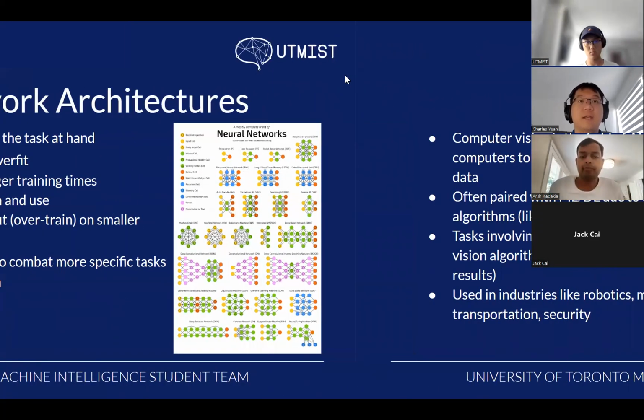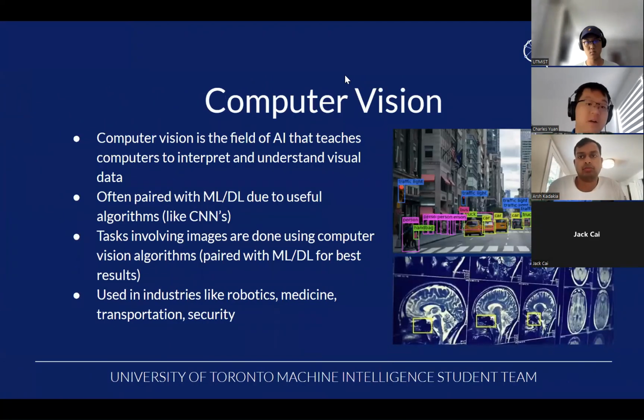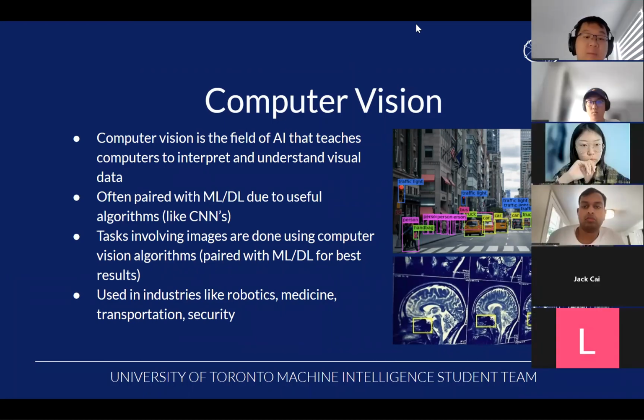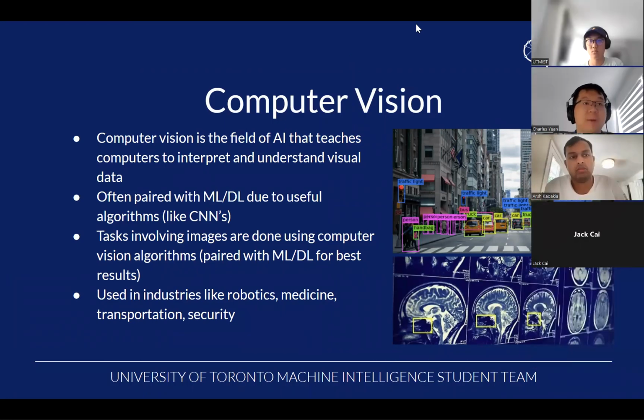So neural networks and machine learning are fun and all, but by themselves, they don't really seem like the society-changing paradigms that most people make them out to be. Well, that's where the other subfields of AI come in. One of the largest of which is known as computer vision, which deals with teaching computers to interpret and understand visual data. This subfield is often used in conjunction with neural networks and deep learning, more specifically by leveraging the power of convolutional neural networks in order to perform useful tasks.